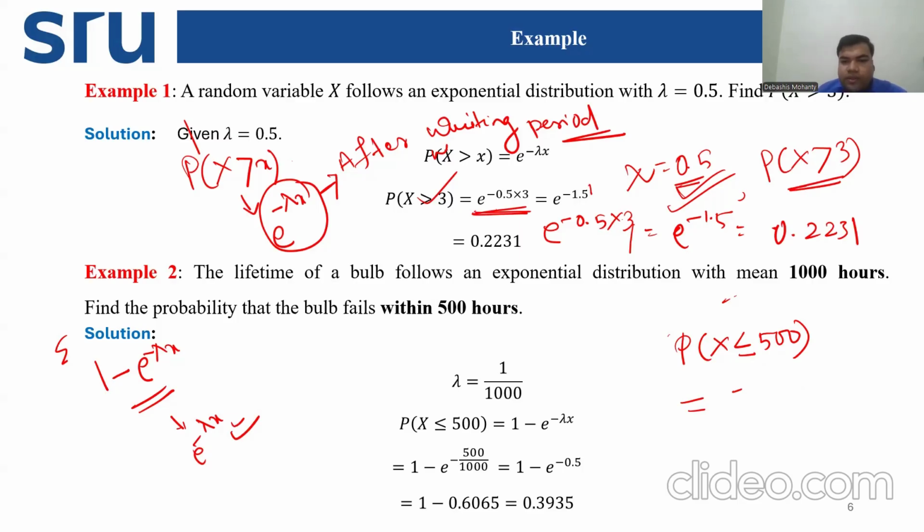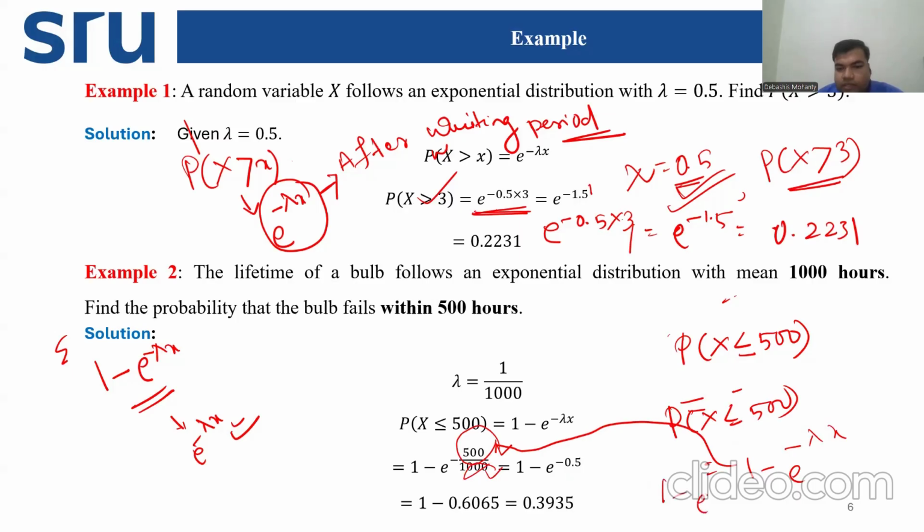Now here we need to find this value. The probability of x less than or equal to 500 equals 1 minus e raised to the power minus lambda x. Here the values are given: my x value is 500 and lambda is 1 by 1000.